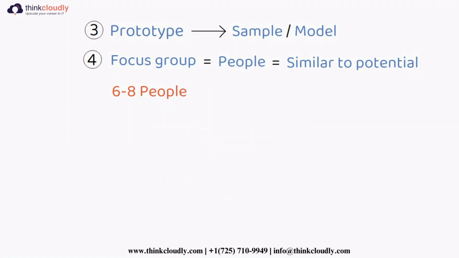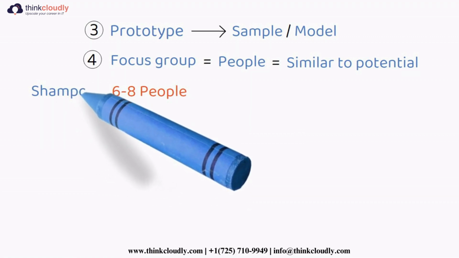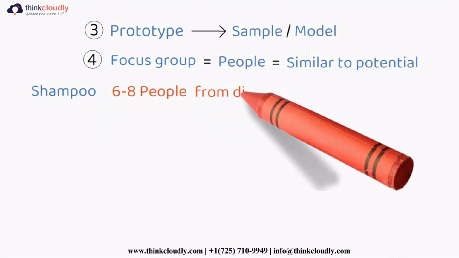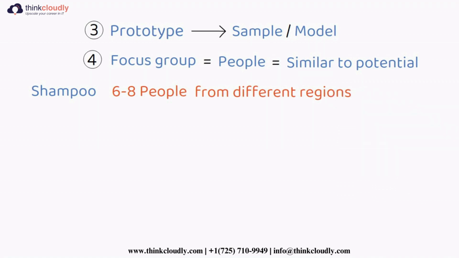Let's say your product is shampoo for women. What you are going to do is select 6 to 8 people from different regions having different types of hair.